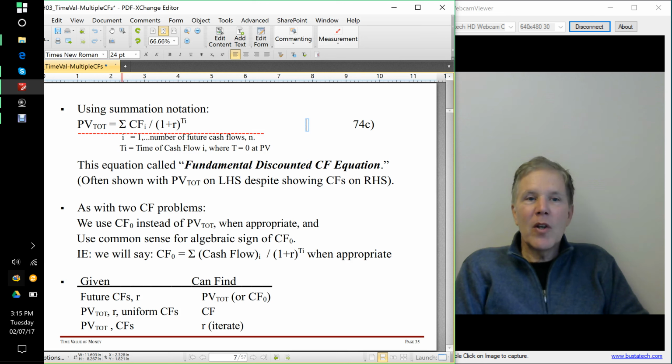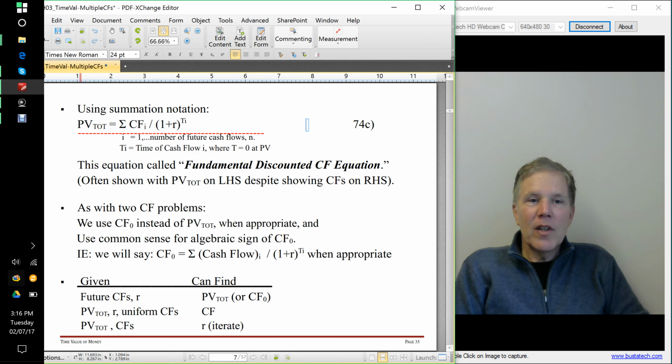And so this sum goes from i equal 1, that's the first future cash flow, to n, the number of cash flows in the future. And ti, in each case, is going to be the time of cash flow i, where t is equal to 0 at the time we measure the present value.